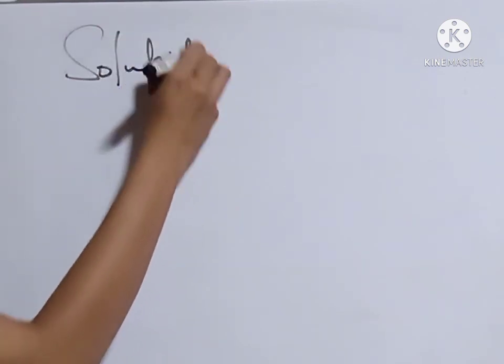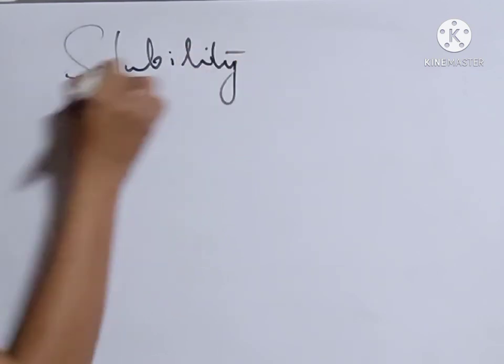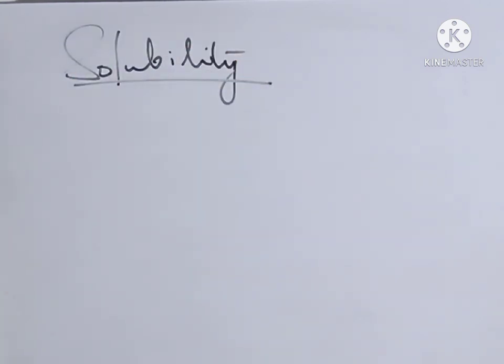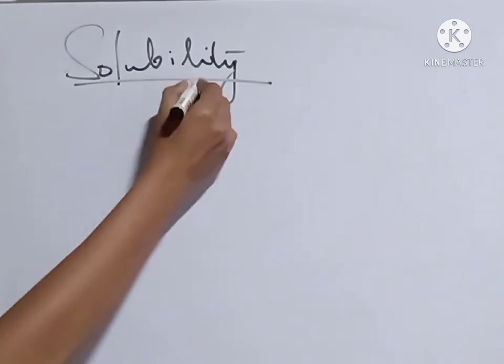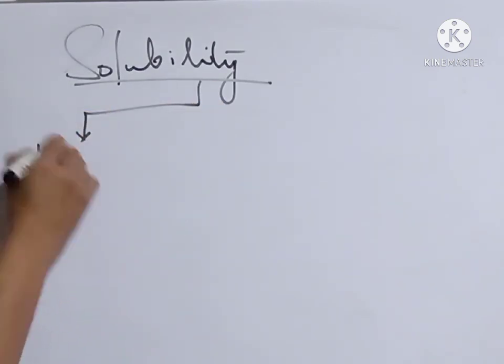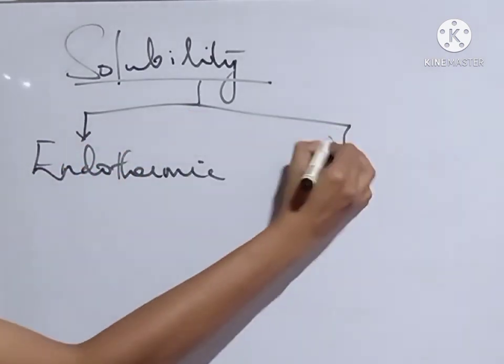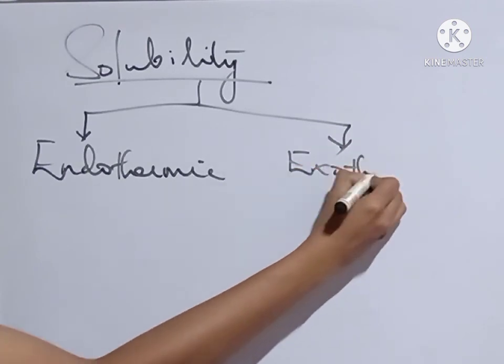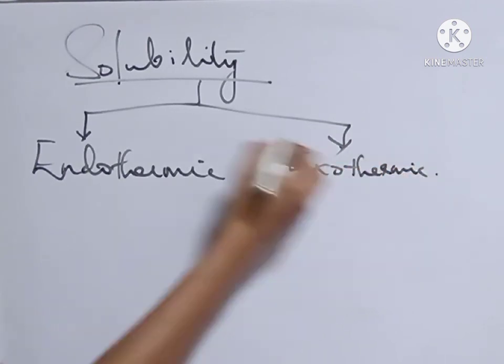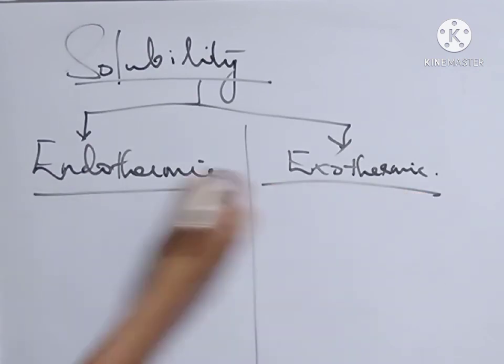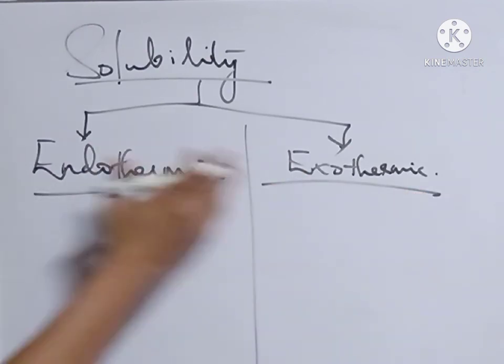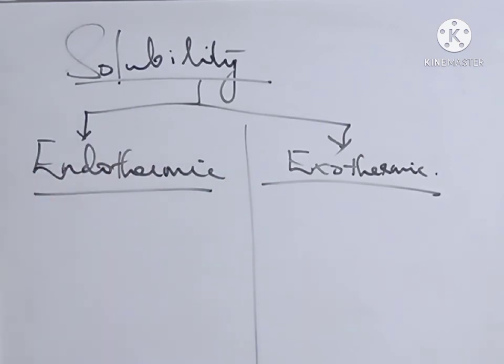Then the last one is the effect of temperature on solubility. There are some substances in which dissolution is endothermic, while the dissolution of some other substances is exothermic. So the dissolution may be endothermic or exothermic. So the temperature dependence is based on this endothermic and exothermic behavior of the dissolution process.